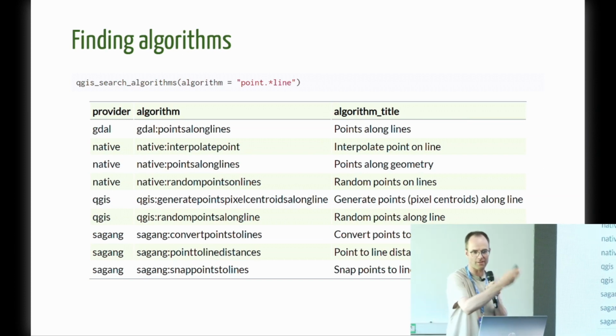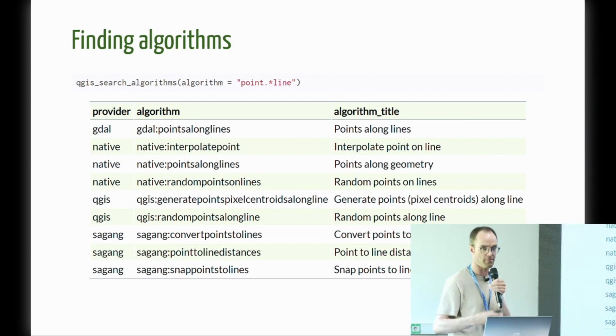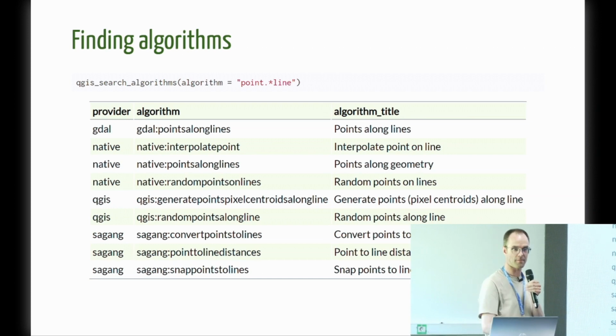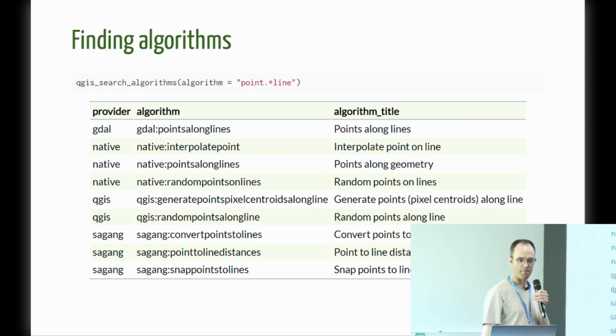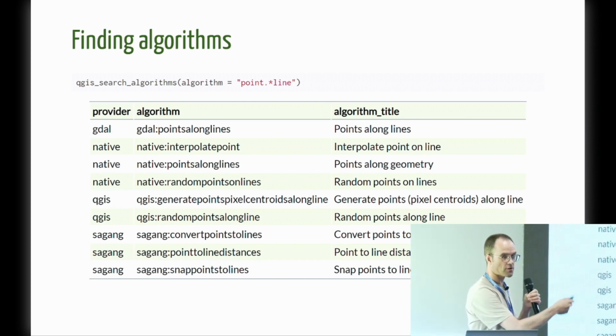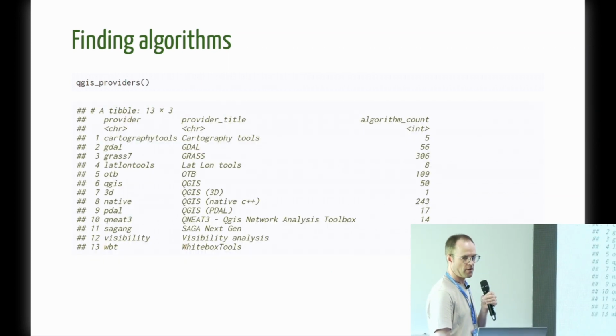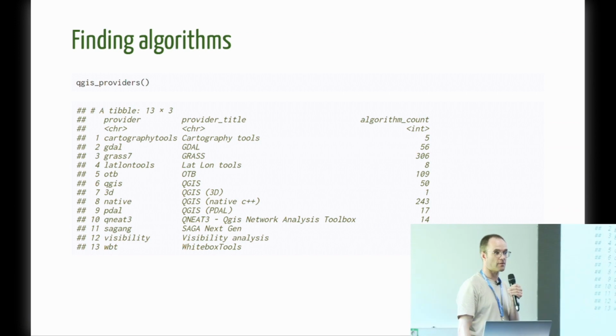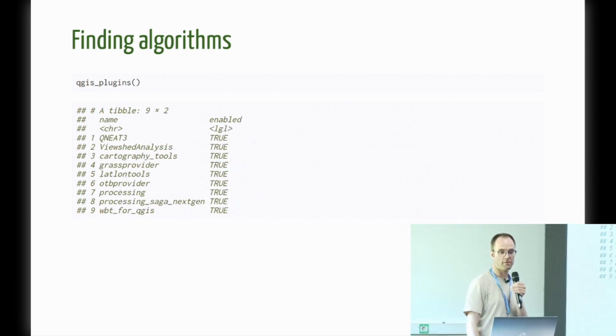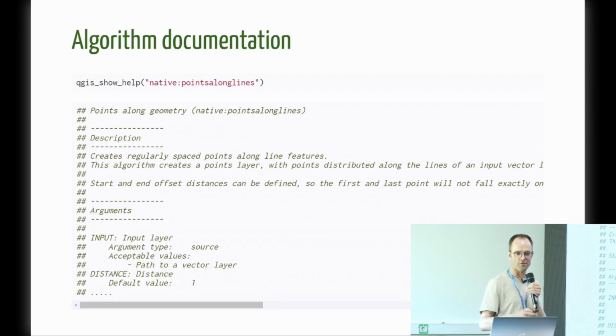That could be a way to find potential algorithms that we could have used in the example. You can also search on provider. There are several arguments in this function. You can list the currently available providers, the currently loaded plugins, the currently loaded algorithms. I don't show all of them, but some useful ones.